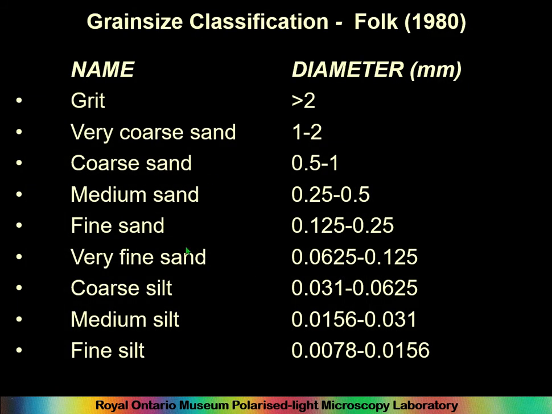So, of course, we have the good old grain size classification, more useful for description than any sort of reporting of the data, which would be better as a graph. And we have the Folk 1980 designations, which is typically what I get people to use.